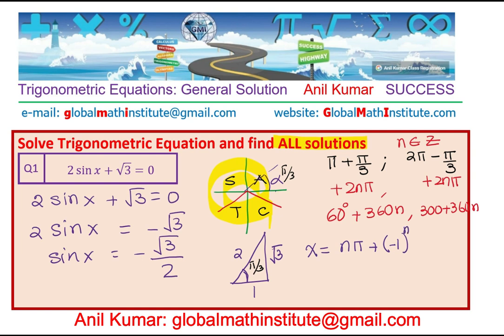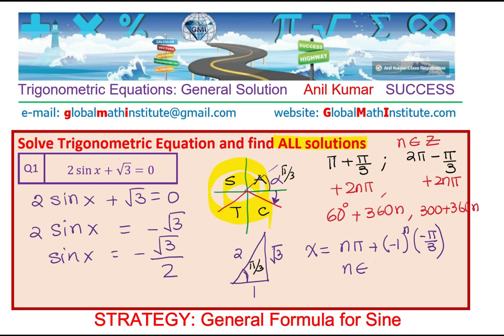In this case, the angle here is minus pi by 3. In this formula, if you put n belongs to integers, you will get the above result.